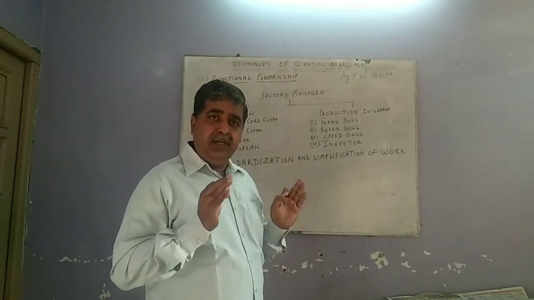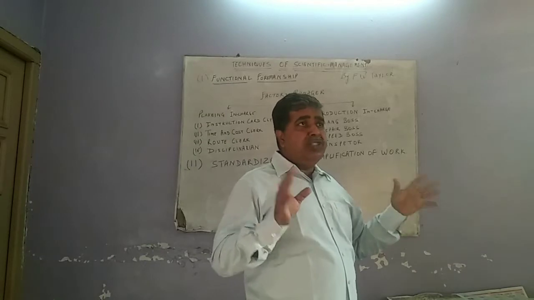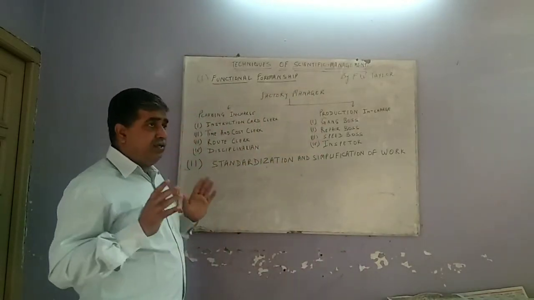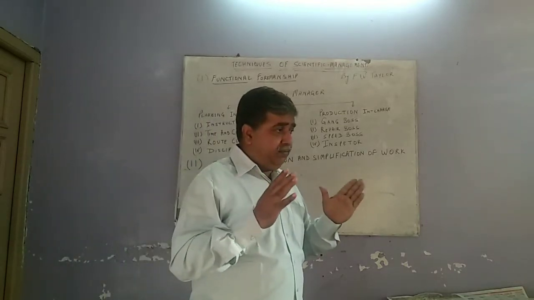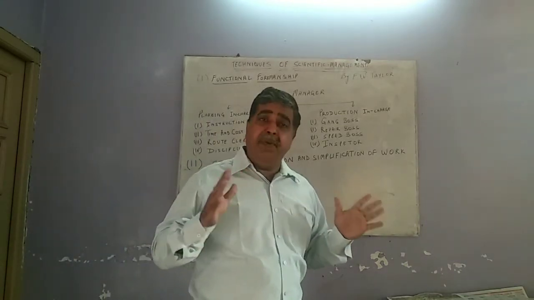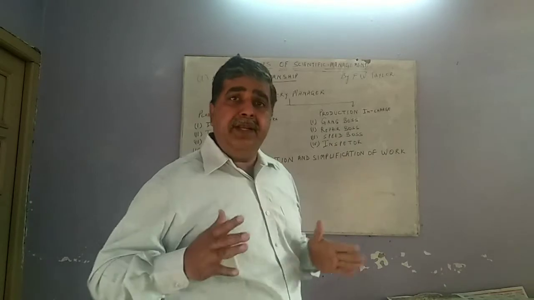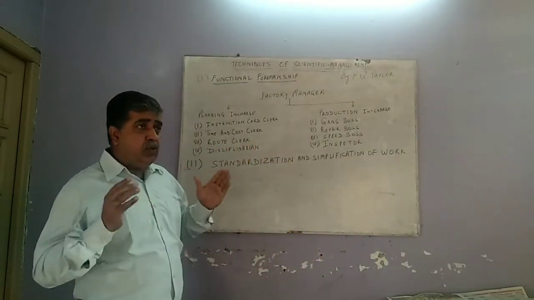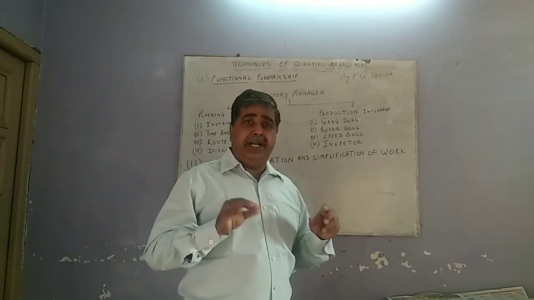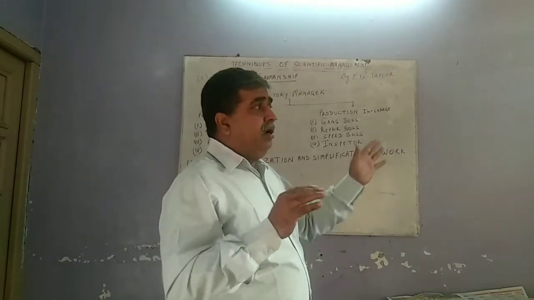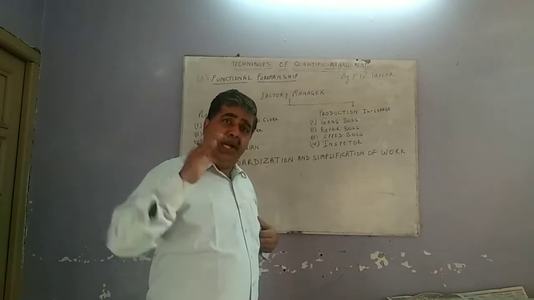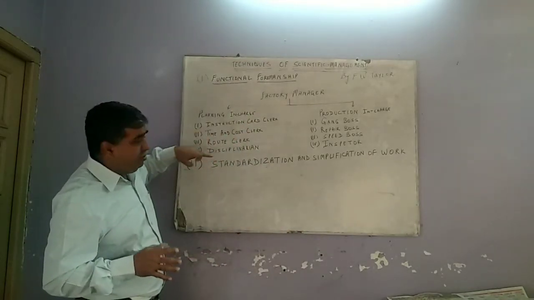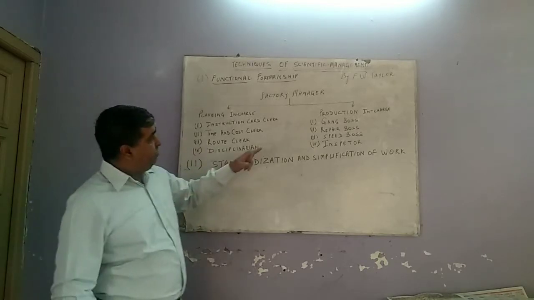The disciplinarian is responsible to maintain the discipline in the factory, and will see that all the rules and regulations which are already determined are being followed by the workers and that they give their best.